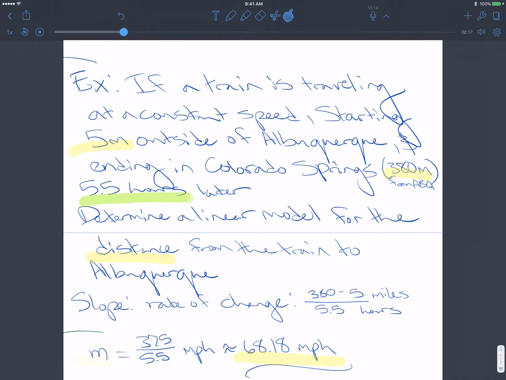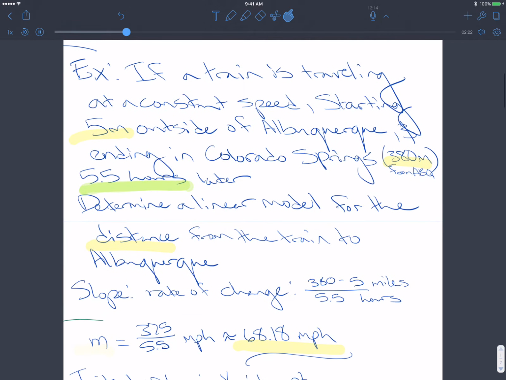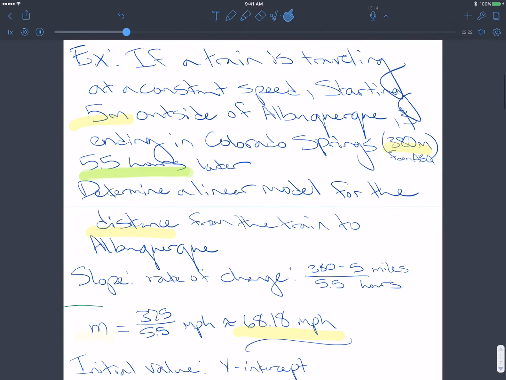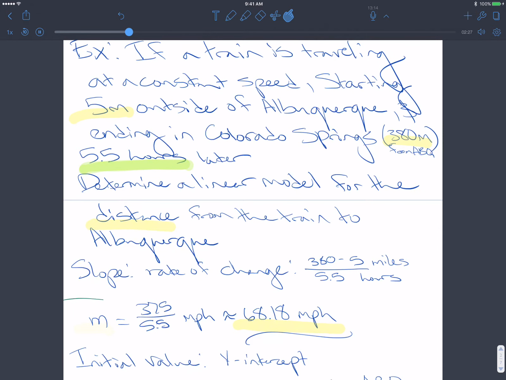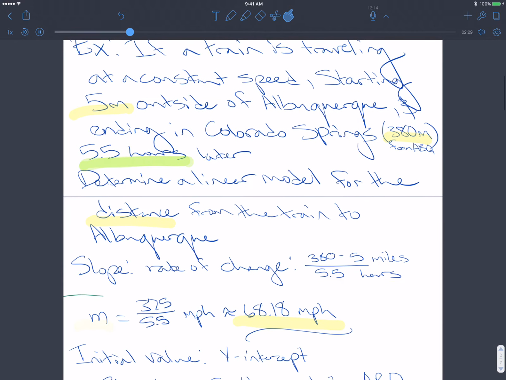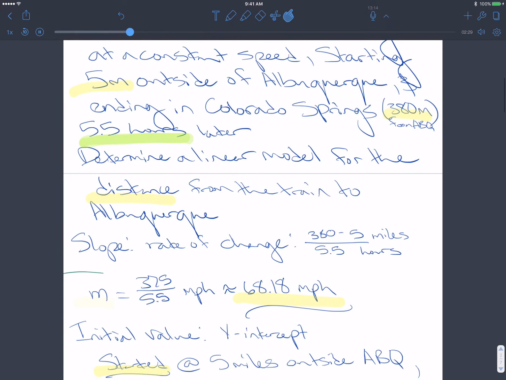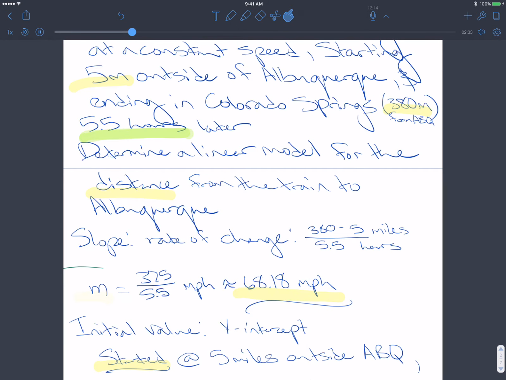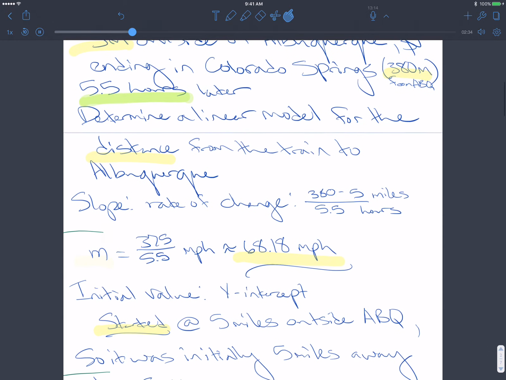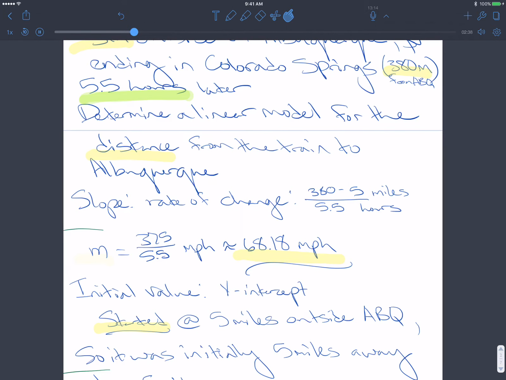Since we want y equals mx plus b, the next thing that we need is our b value. So our initial value is considered our y-intercept, right? Where we started from. Well, it started 5 miles outside of Albuquerque based on the problem description. So that is going to be my b, right?